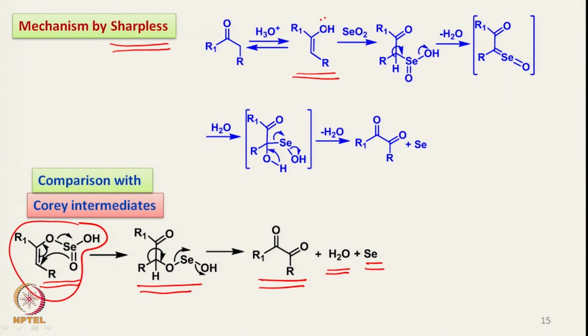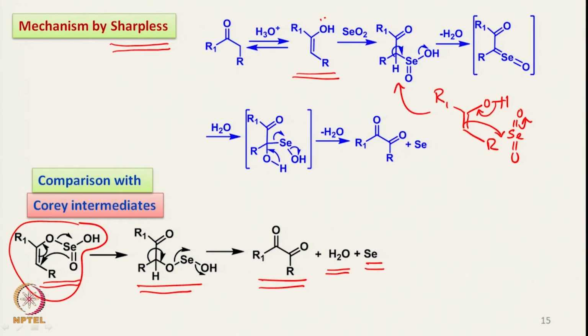On the other hand, in the case of Sharpless, this enol reacts onto the selenium here to form this intermediate.